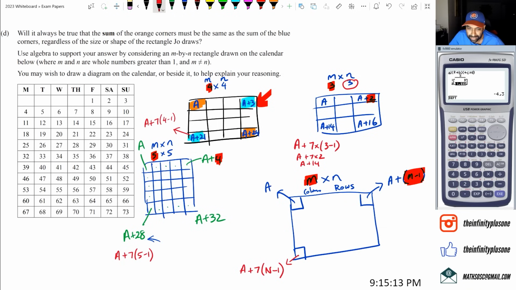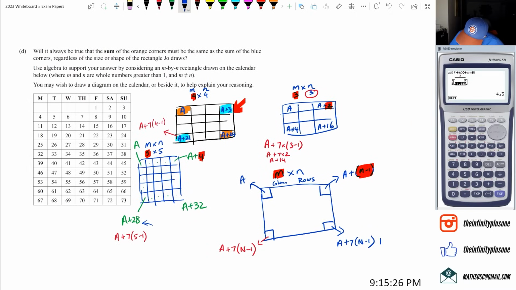And if that's the case, then the last square is going to be A plus 7 times n minus 1, plus the m minus 1, because the m minus 1 is literally how many times it's going across the right hand side.